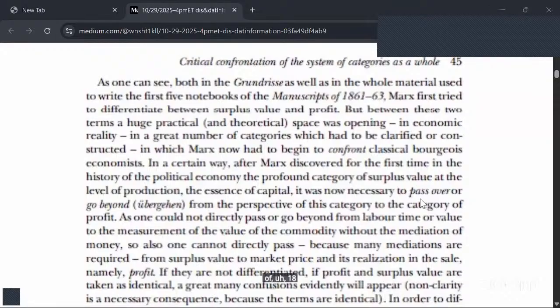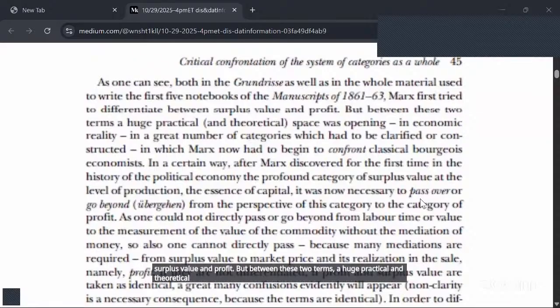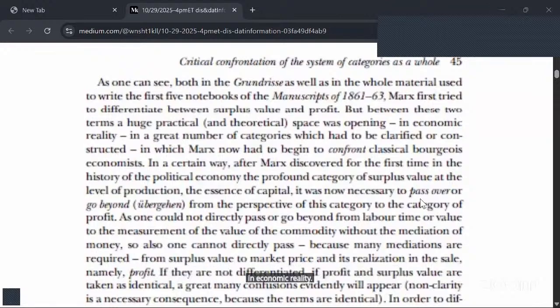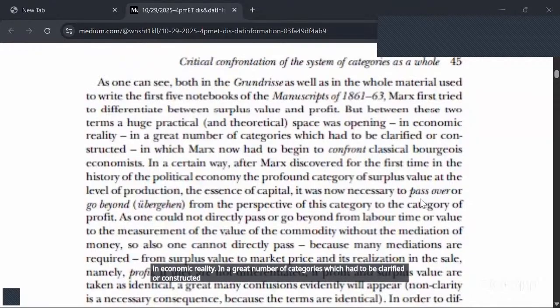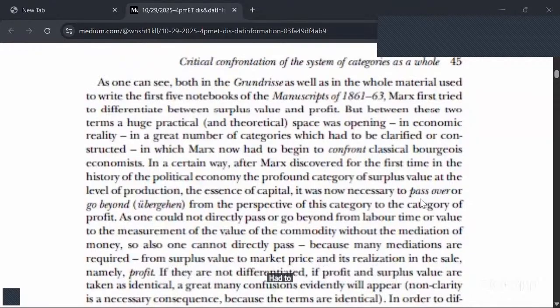1861 to 63, Marx first tried to differentiate between surplus value and profit. But between these two terms, a huge practical and theoretical space was opening in economic reality, in a great number of categories which had to be clarified or constructed, in which Marx now had to begin to confront classical bourgeois economists.